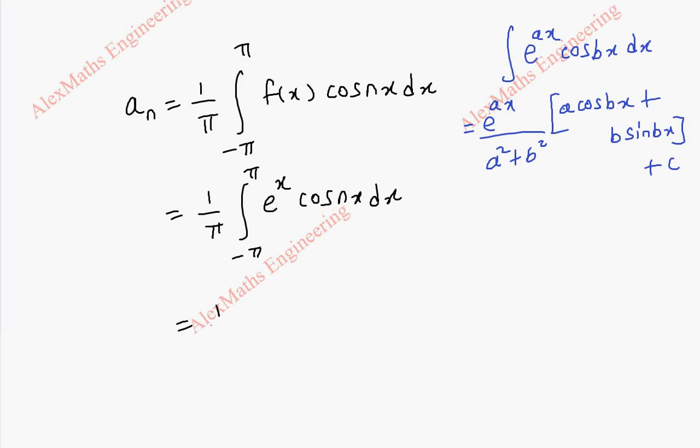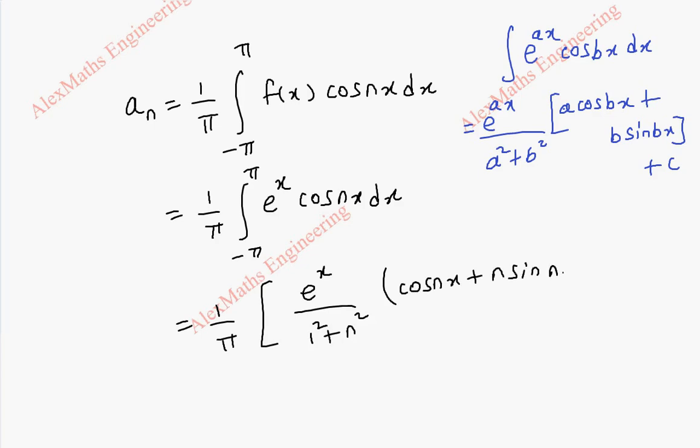So this is 1 by pi, e power a, where a is 1 here, so e power x by 1 square plus b square, where b is n, so 1 square plus n square, then 1 cos nx plus n sin nx. Then we apply the limit from minus pi to pi.